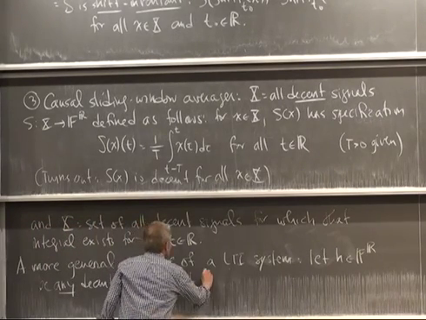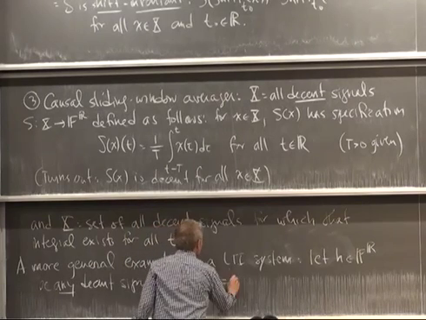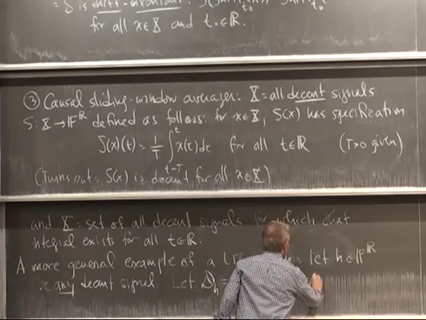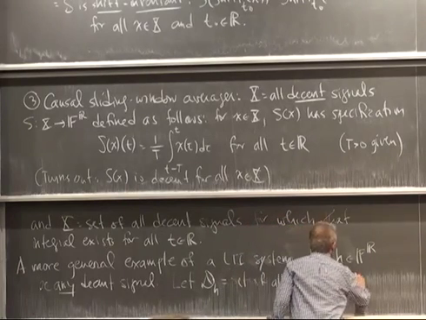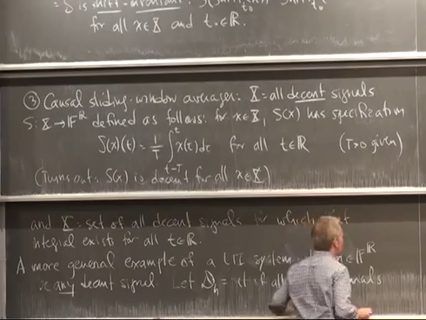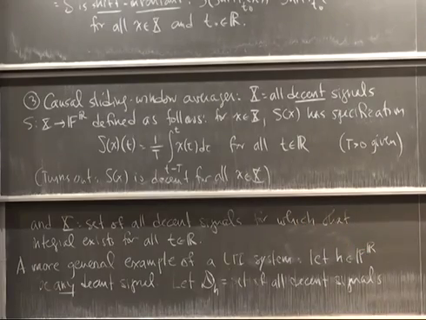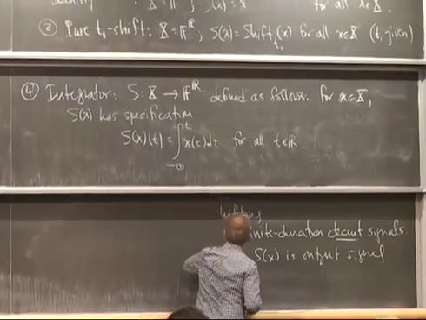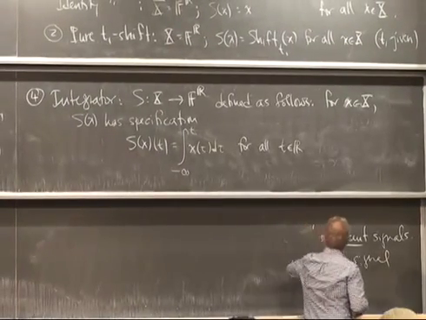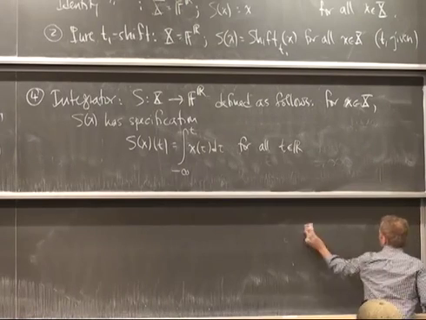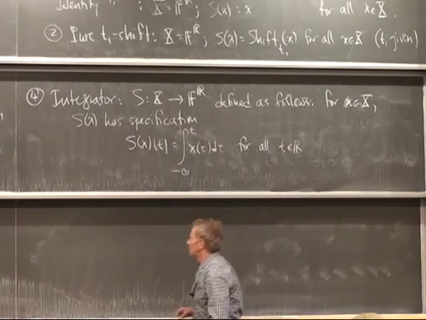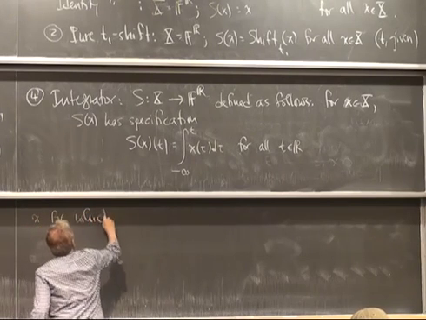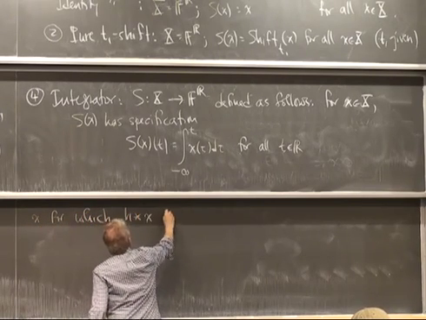Let script D sub H be the set of all decent signals X for which H convolved with X exists.